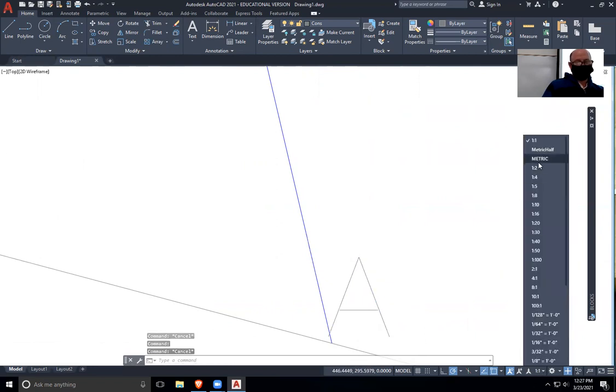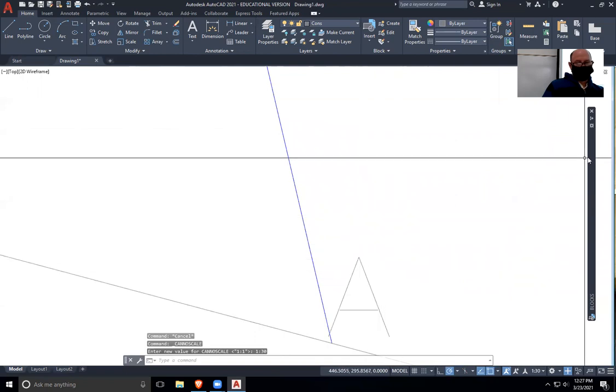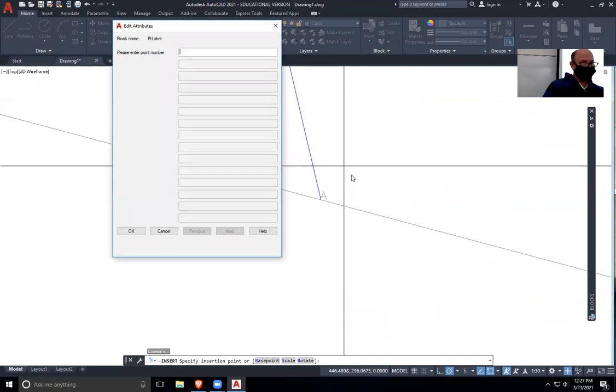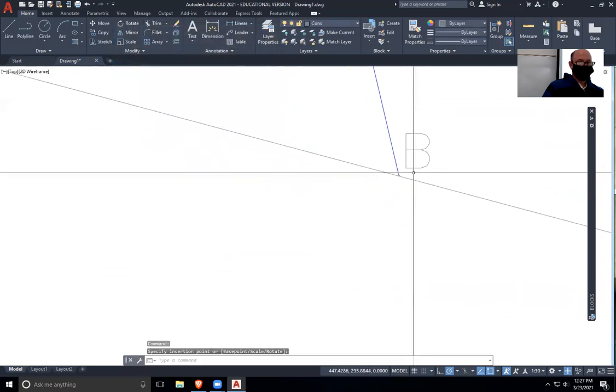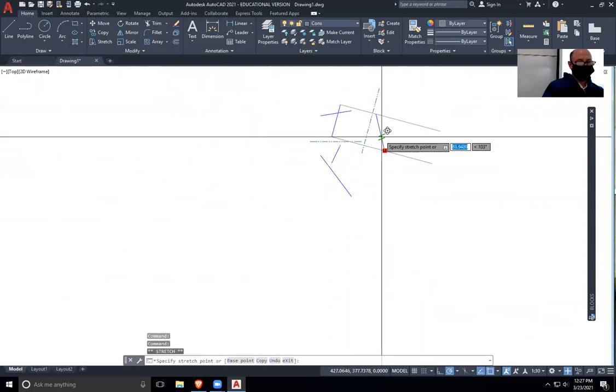Is attribute text annotated? Let's try it again. Say that's B. Yeah, nice. Put that at B.